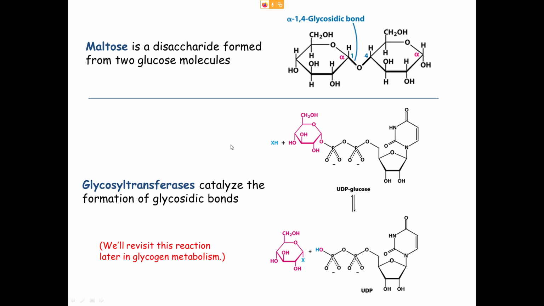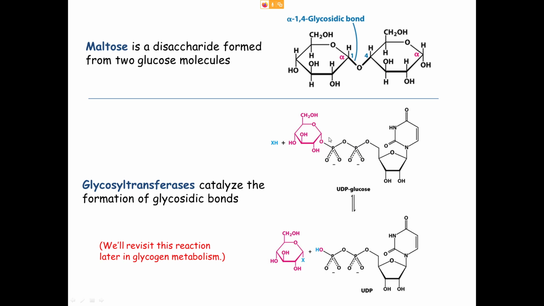Another example, this is what I was talking about earlier, and it was ideally a transferase. I want to put something on another sugar, right? X being whatever it might be. It could be another sugar as shown in the bottom, right? So I take X and I take this sugar, which has been activated by attaching it to some other group. In this case, a UDP molecule, right? A uridine diphosphate. This connection here is very unstable, right?